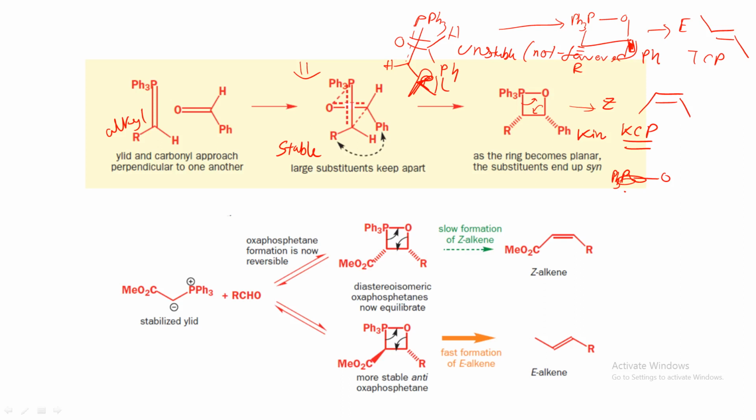But when we look at the stabilized ylide case, it is a reversible step, meaning this can be formed again. The system can be driven back to this compound, meaning to the starting material. So here it is a reversible step, and here it is irreversible. So that's how we can differentiate between the stabilized and unstabilized ylide cases.